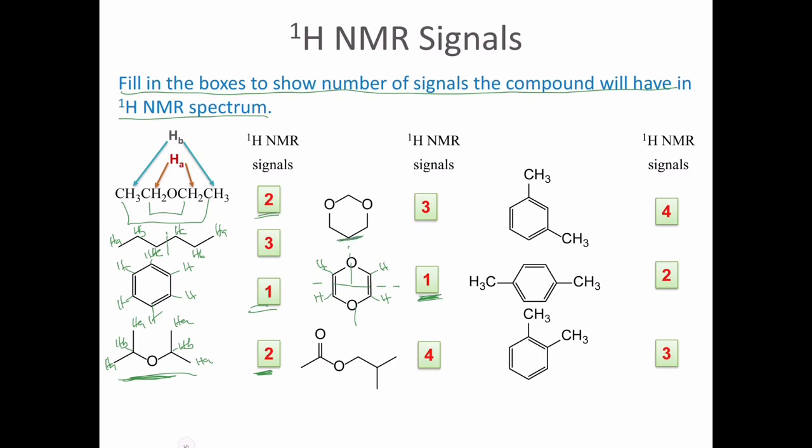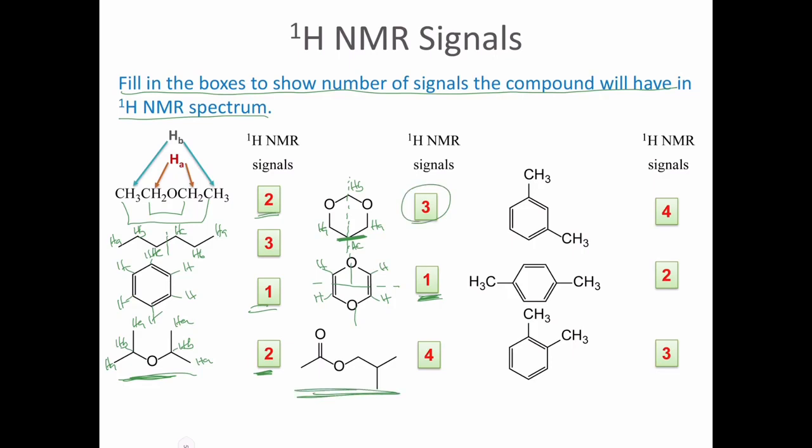For the other cyclic compound here, what we can see is there is a possibility of having a line of symmetry around here. So therefore we have HA, HA, and then we can call this HB because it's going to be different, and HC is going to be different. So we have HA, B, and C, which gives us three signals.